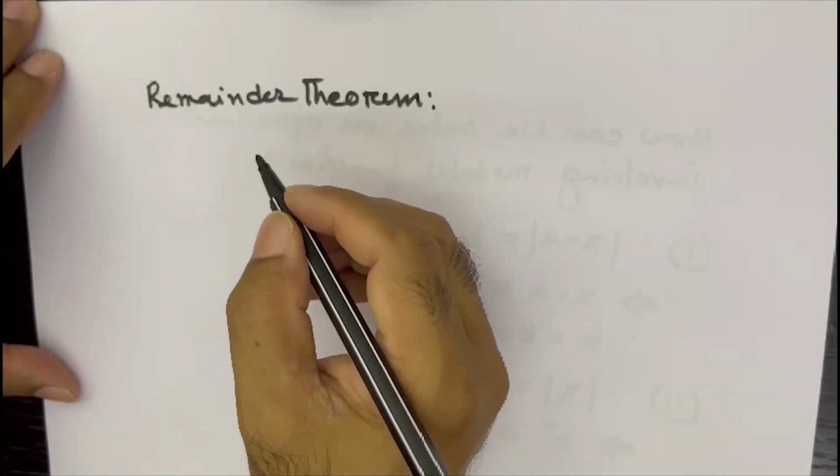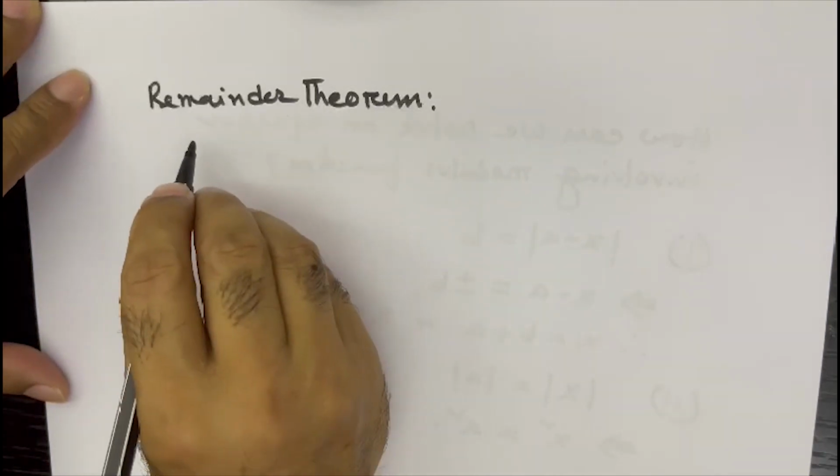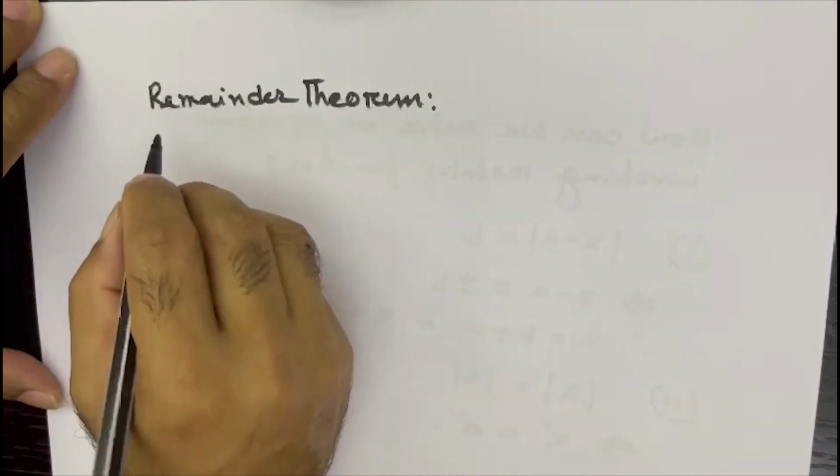Without using long division, how can we find the remainder? This theorem will help us for this purpose.